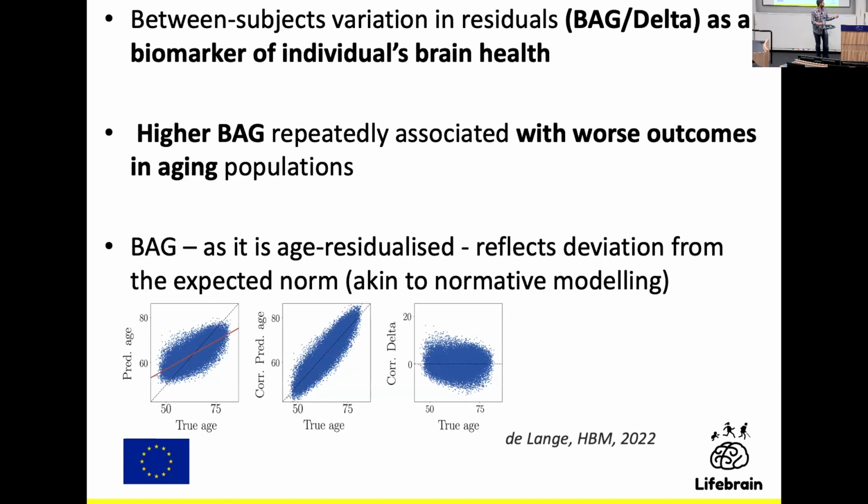However, delta ends up in one way or another age-residualized, so it reflects deviation from the expected norm. It's in a way akin to normative modeling, and thus variations in delta can also reflect differences that are pre-existing, that maybe have early life origins.